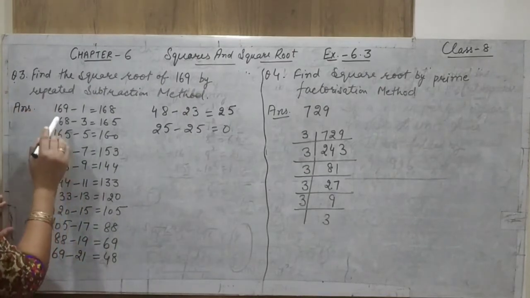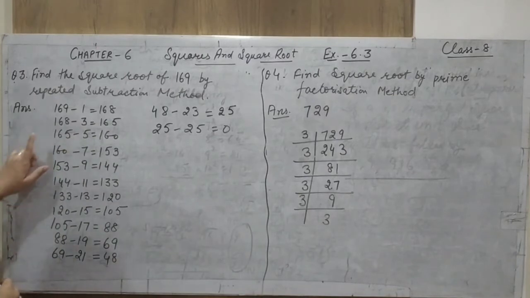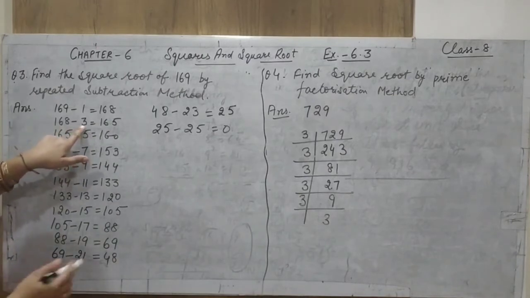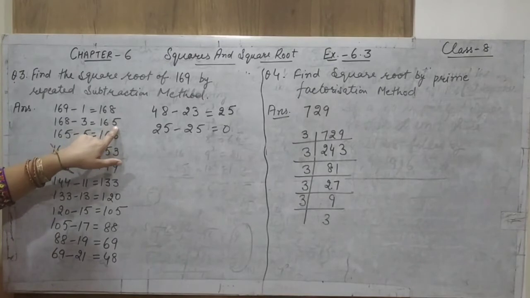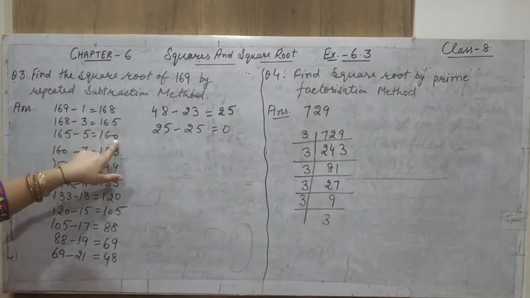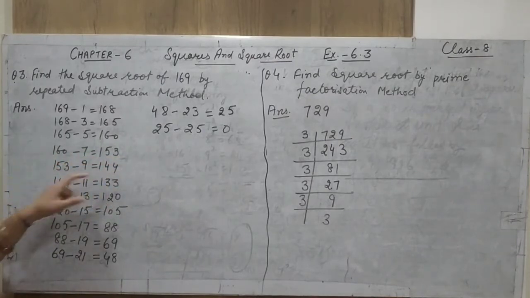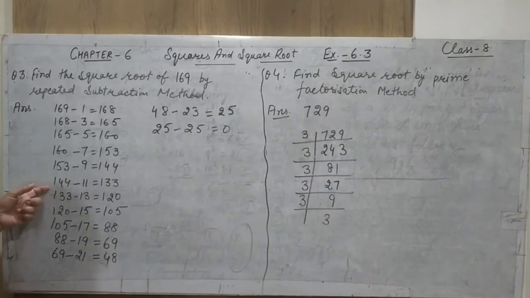So let us start. 169 minus 1, we get 168. 168 minus 3, the next odd number, 165. 165 minus 5, the answer is 160. 160 minus 7, 153. Minus 9, 144. Minus 11, 133.